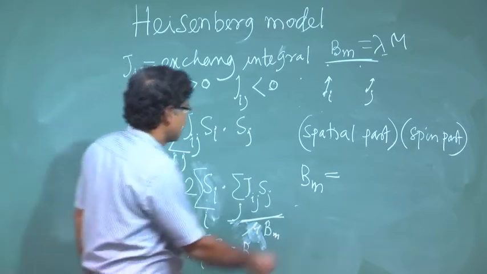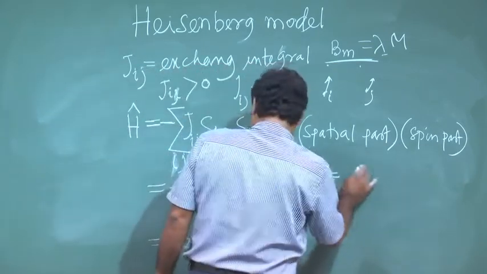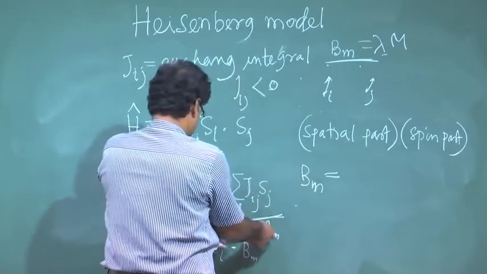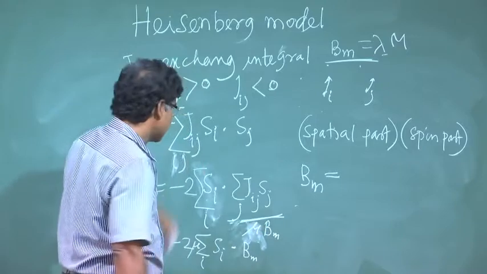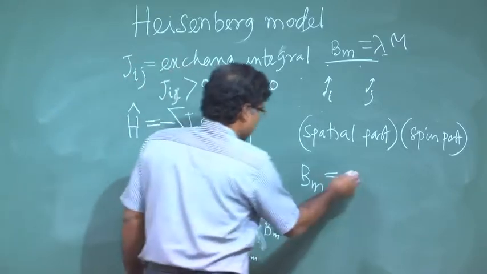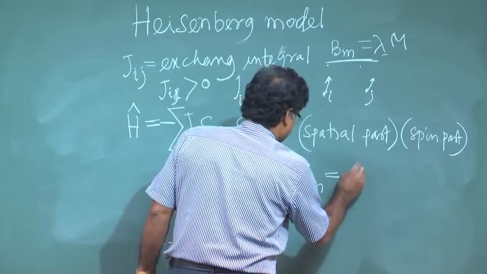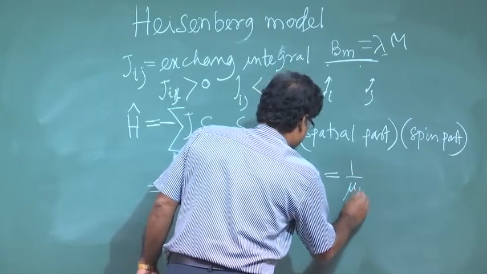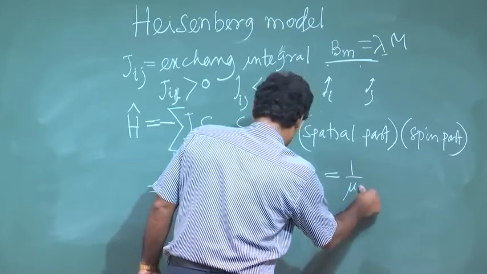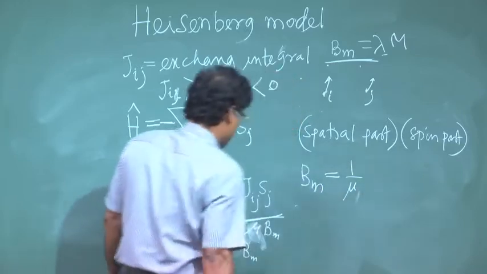I have to get, but 2 is there. So here I think I am missing 2. It is 1 by mu V, or 1 by mu.